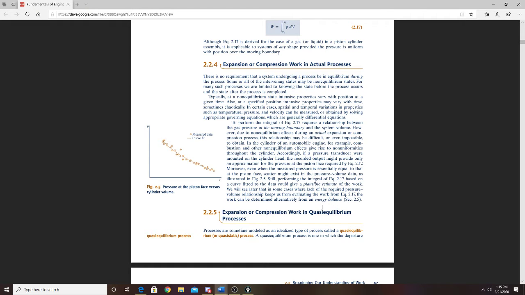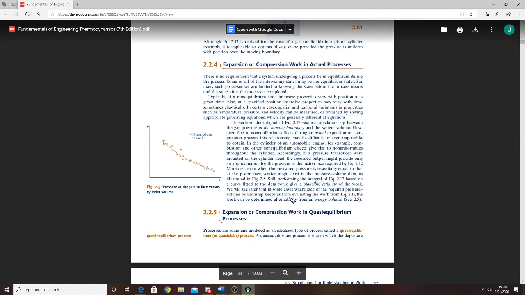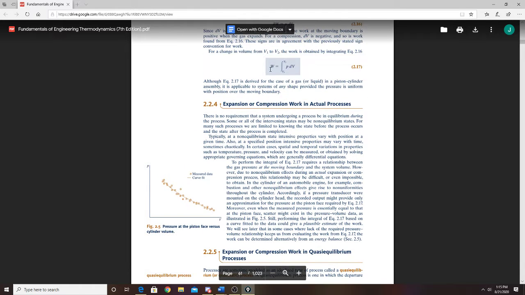It says we'll see later that in some cases where lack of a required pressure-volume relationship keeps us from evaluating the work from equation 2.17, the work can be determined alternatively from an energy balance. So that is later. The energy balance part is later. What we are doing now is work relationships using this first equation right here.